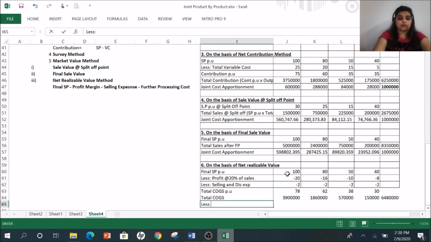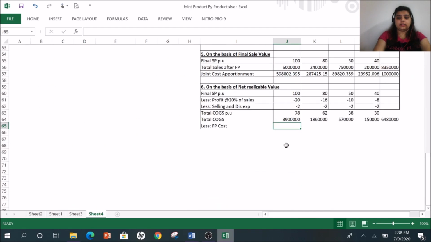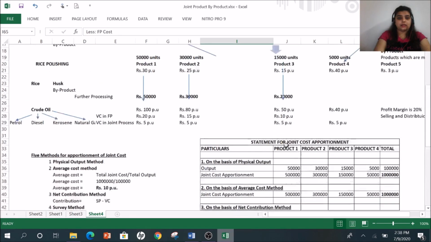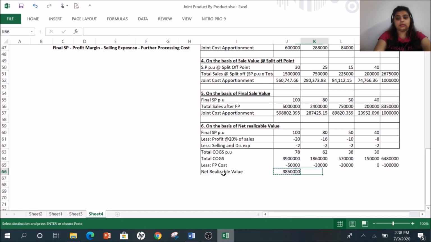less the further processing cost, that is given to us as 50, 30, 20 and 0. So 50,000, 30,000, 20,000 and 0, giving us a total of 1 lakh, 50, 30, 20. Just reconfirming. So what I get is net realizable value, that is equal to 38 lakh 50, 18 lakh 30, and this is our total.